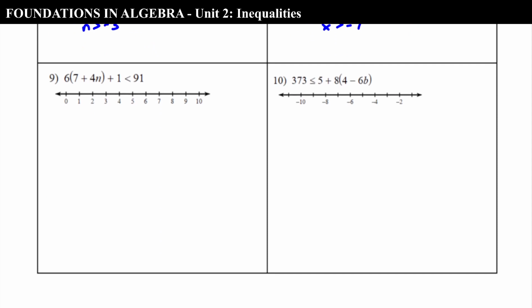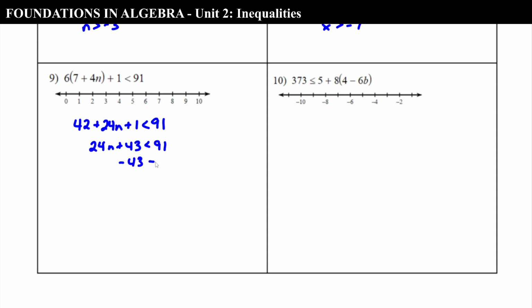For number 9, we have 6 times 7, which is 42. We have 6 times 4n, which gives us 24n. We still have this plus 1 sitting here, and then we've got less than 91. So now, let's combine like terms. 42 plus 1 gives us 43, so we've got 24n plus 43 is less than 91.